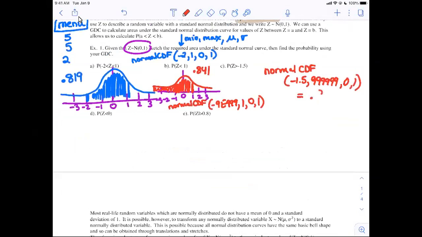So that's going to be 0.933. All right, try D, and then I want you to hold off on E, because I'm going to need to refresh your memory on absolute value inequalities.